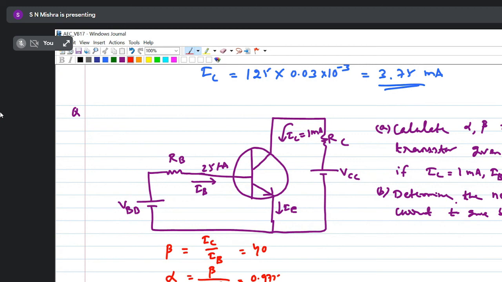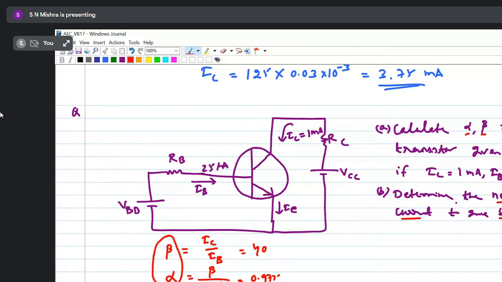Now, the first part is complete. Alpha, beta you have calculated. Determine the new base current to give IC of 5 milliampere. For a transistor, remember alpha and beta are constant as long as the temperature is constant.